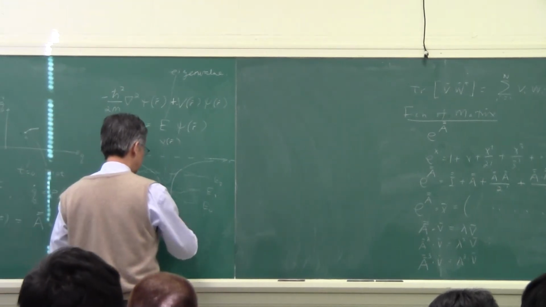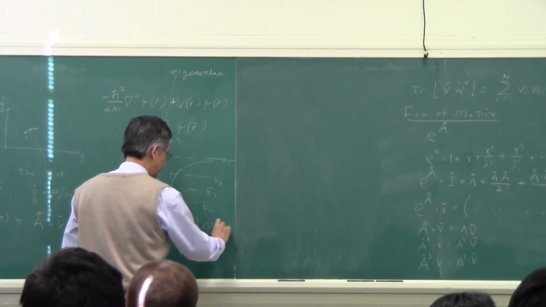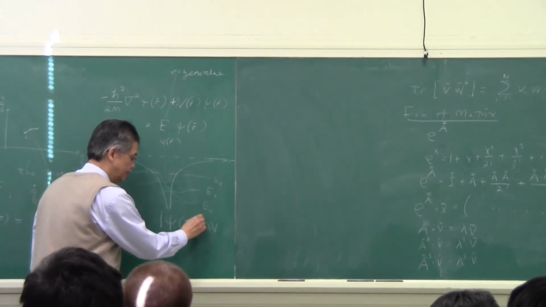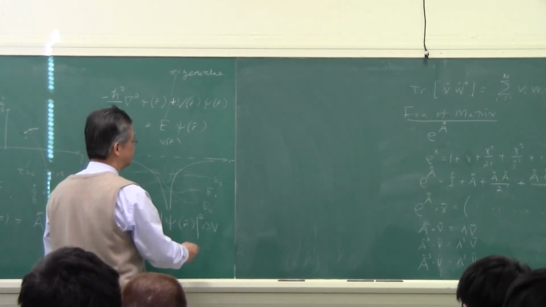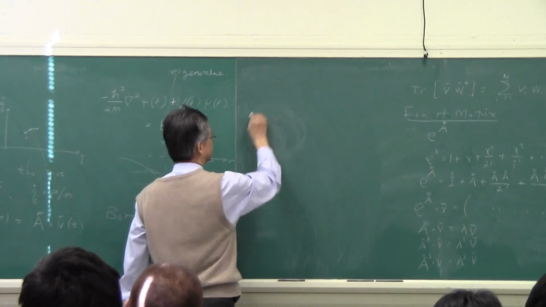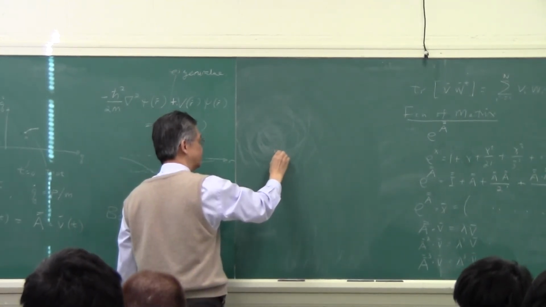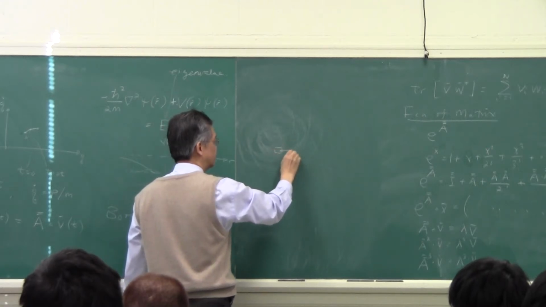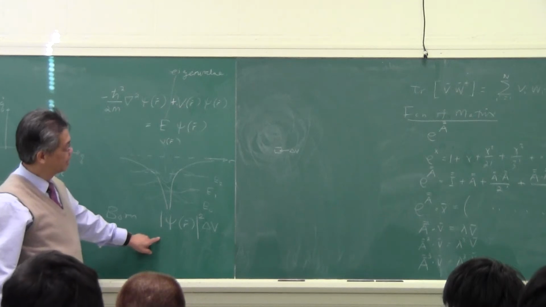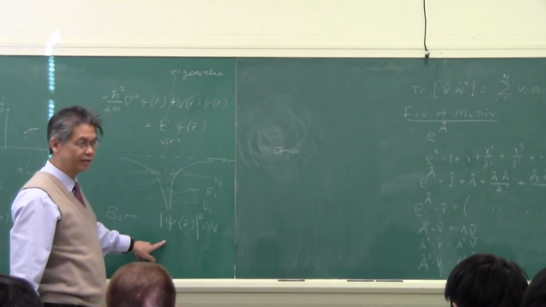So if you have a wave function psi of r, the probability of finding the electron in this volume V, say, this is a 3D wave function. The wave function is a continuous function of space, and if you have a delta V in space, the probability of finding an electron in that small volume is proportional to this quantity.